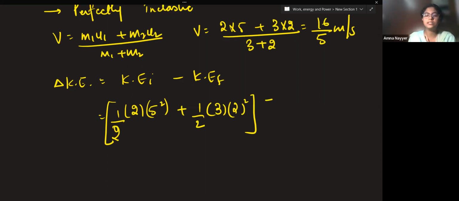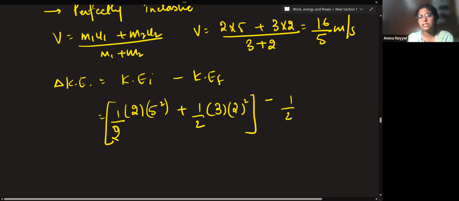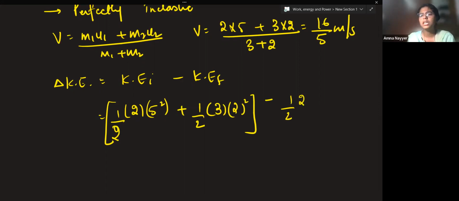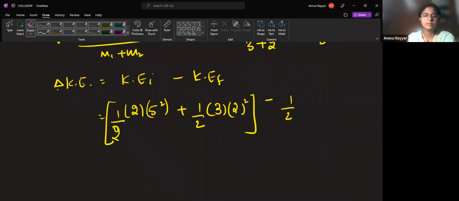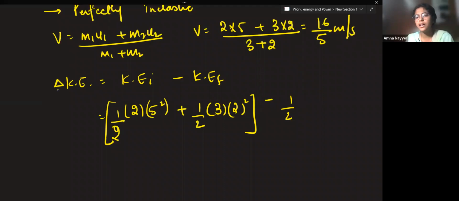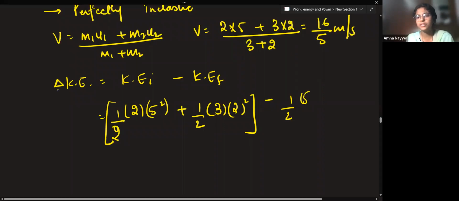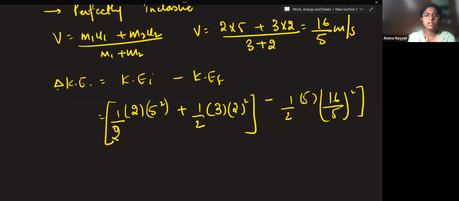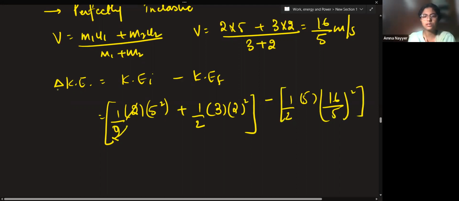Final kinetic energy is half, total mass becomes 5, and we can take the final velocity 16 by 5 common. So this is half into 5 into (16 by 5) whole square. The 2 gets cancelled, the square gets cancelled.